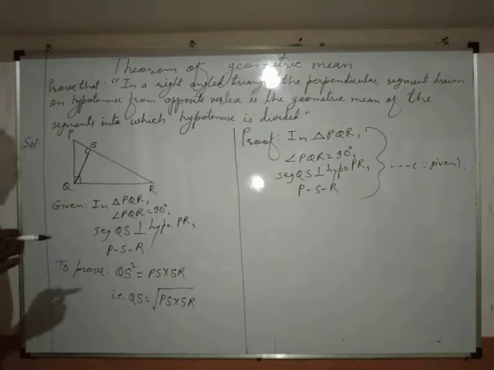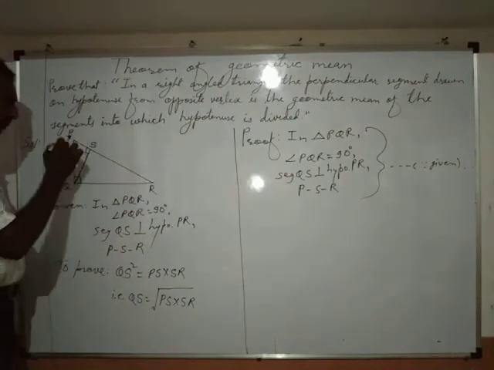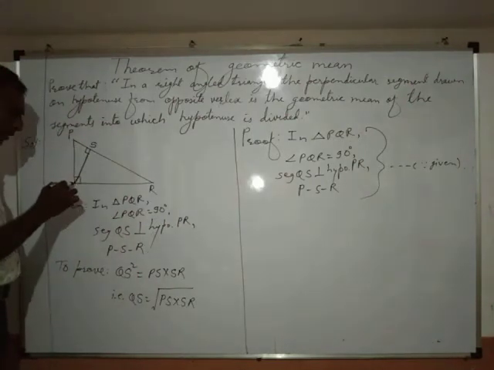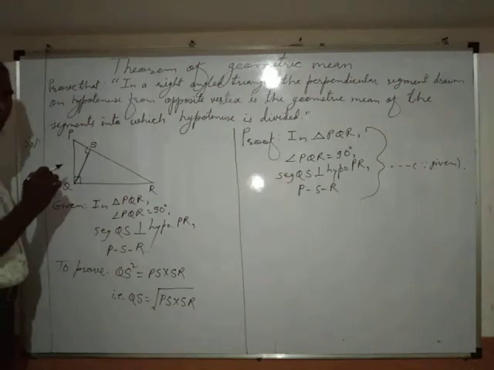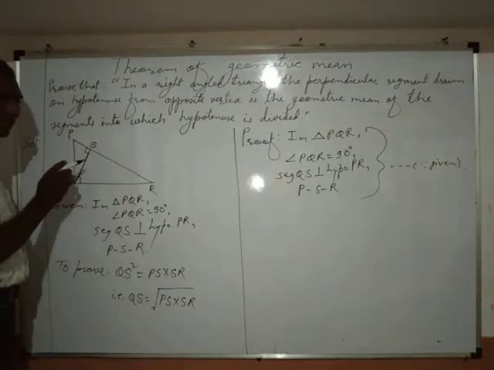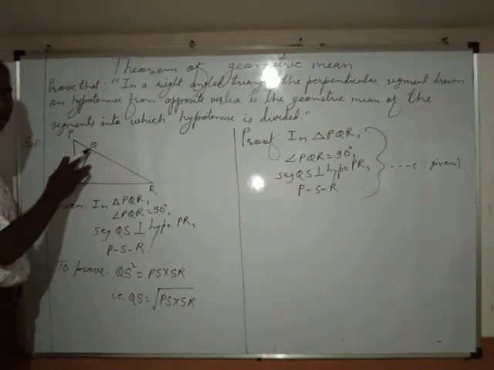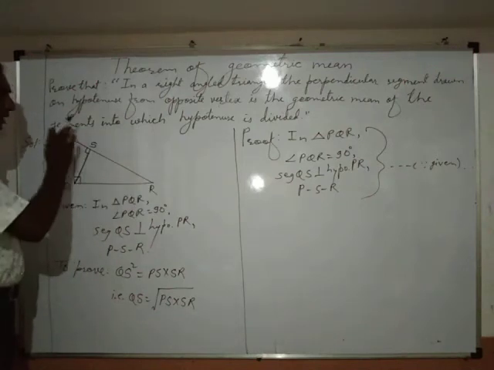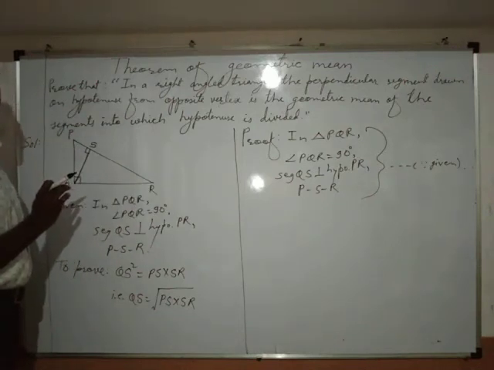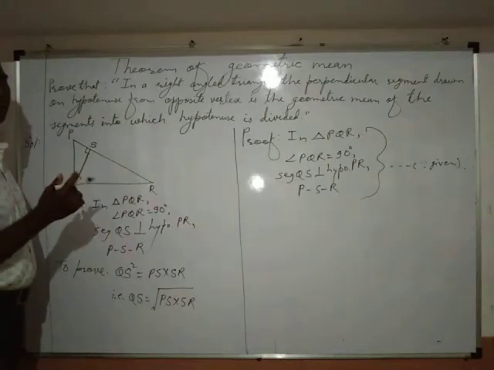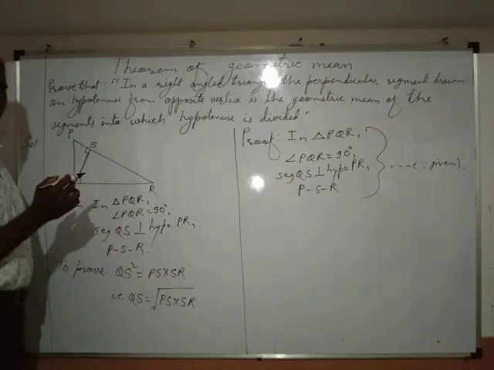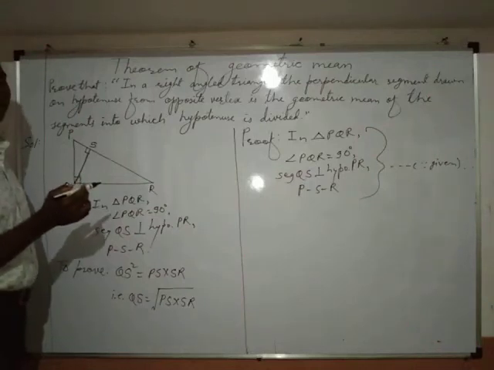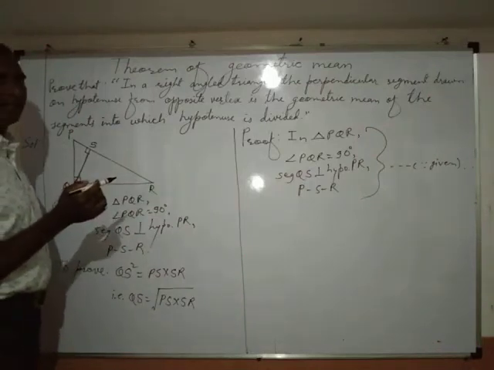But we learned that in a right angle triangle, a perpendicular drawn through the vertex of the right angle on the hypotenuse divides that triangle into two triangles, which are again right angle triangles, and they are similar with the original triangle and with each other, and that we call similarity of right triangles or similarity in right angled triangles.